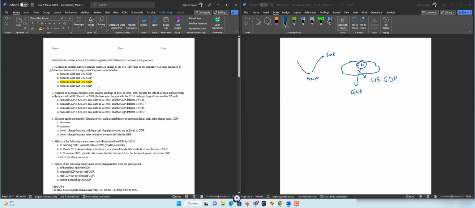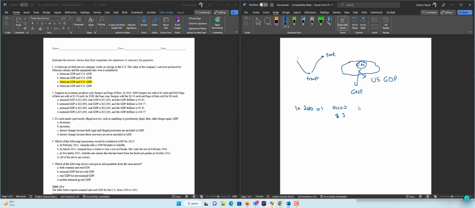Next question, suppose an economy produces only burgers and bags of fries. In 2010, we have 4,000 burgers and the price was $3, and 6,000 bags of fries are sold at $1.50.